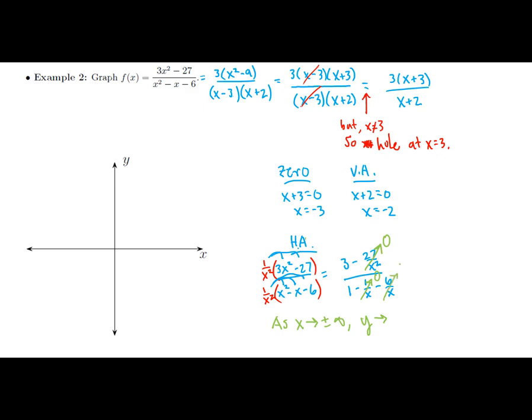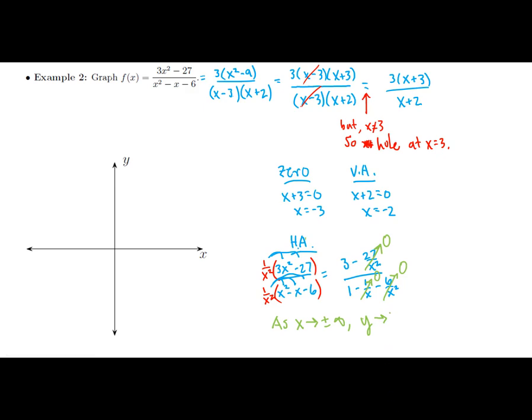Oh, I apologize, I forgot my square on this term here, so it's 6 over x squared, but that doesn't change the analysis. We're still heading to 0 there.